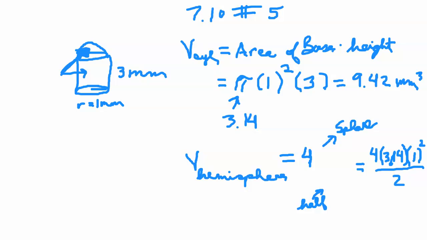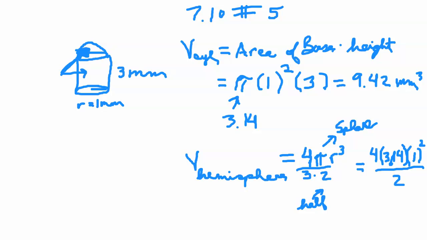I thought something was wrong in that it was squared instead of cubed. So it's 4/3 pi times the radius cubed, and then we still have to cut it in half for the hemisphere, so in the denominator you should also have a 2.